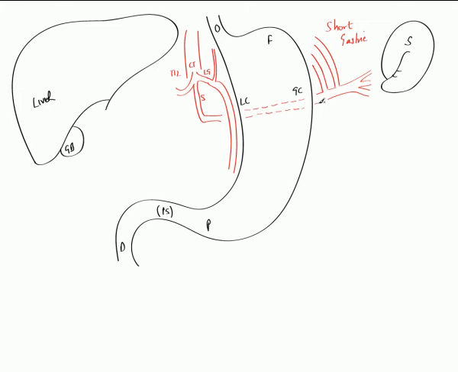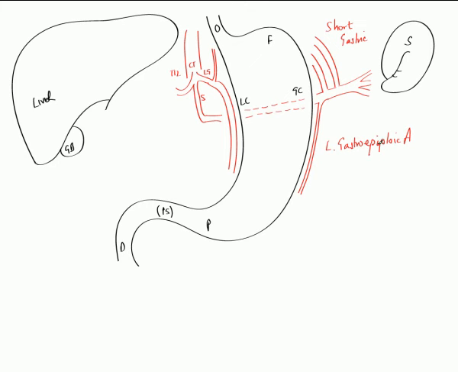It also gives off a long, slender artery that runs along the greater curvature of the stomach, and this is known as the left gastroepiploic artery. So here we have the left gastroepiploic artery. Sometimes you'll hear it called the gastroomental artery. It doesn't make a massive difference, whatever you want to call it.